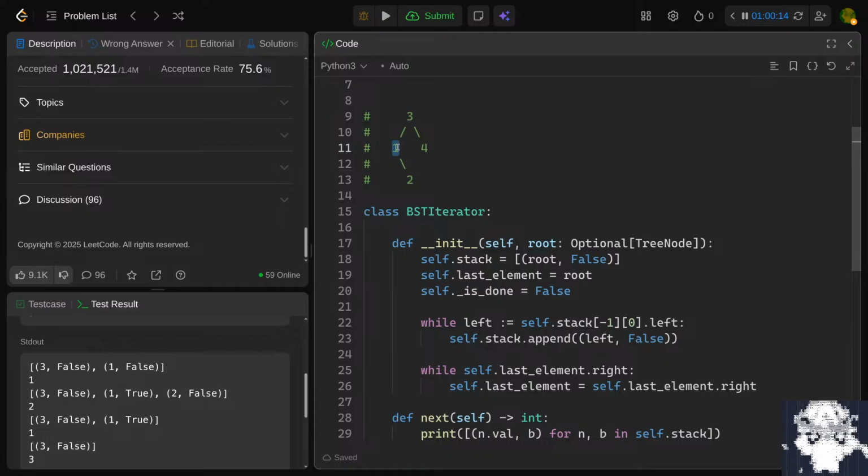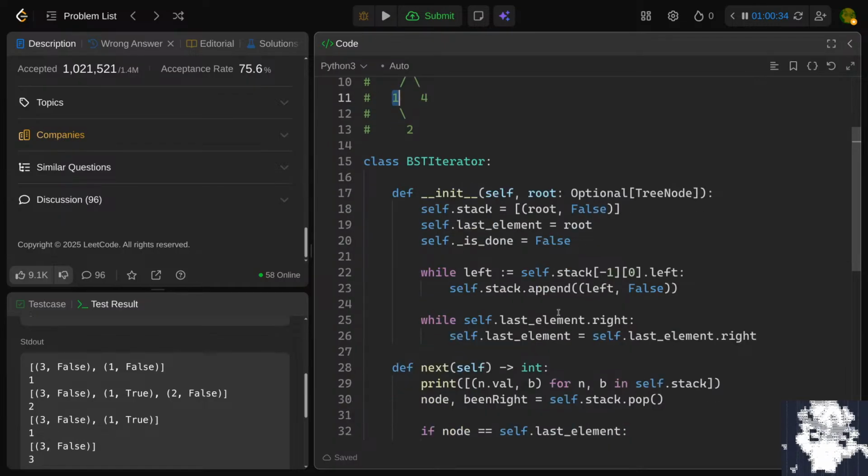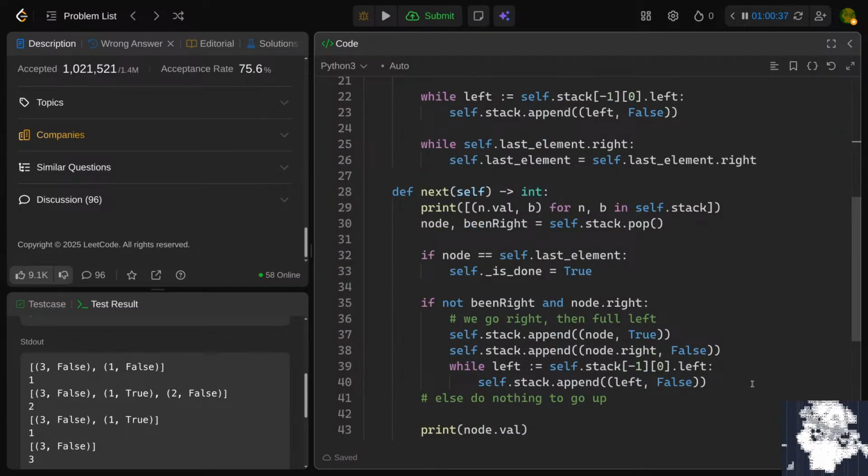We only went up 1. But we should go up again because we've been right. So I guess we want to keep popping up the stack when we go up.